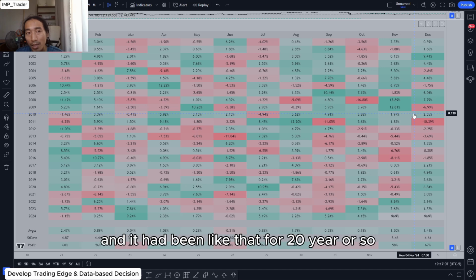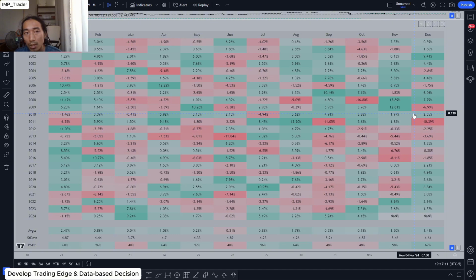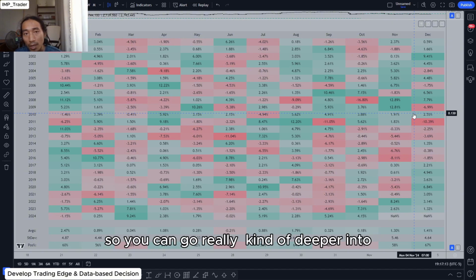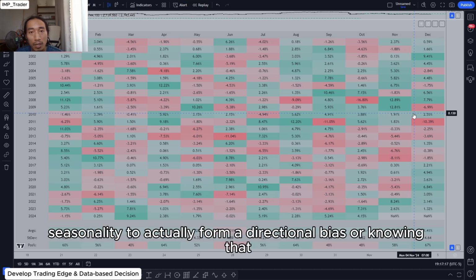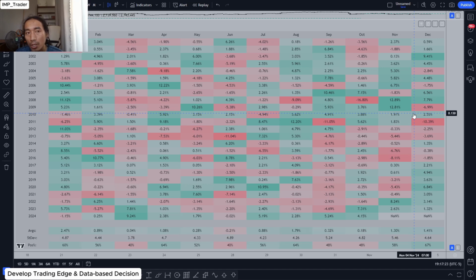And it has been like that for 20 years or so. So you can go deeper into seasonality to form a directional bias, knowing what kind of range and direction the market tends to have and how I should utilize it.